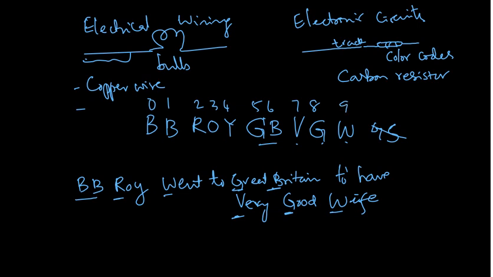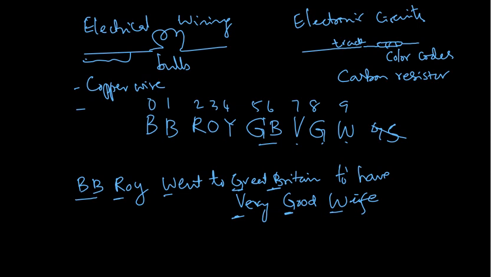Now read the picture 3.8. You see red, red, silver. So that picture shows the color coded resistors. He says red stands for 2, so this is 2, 2.